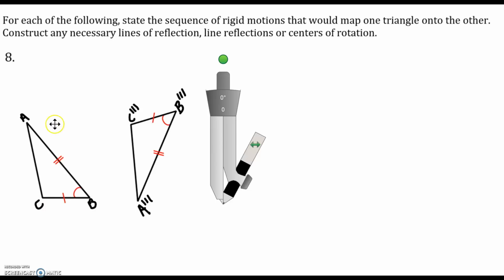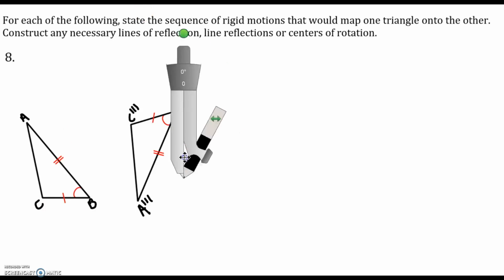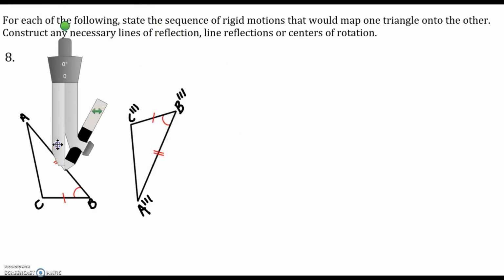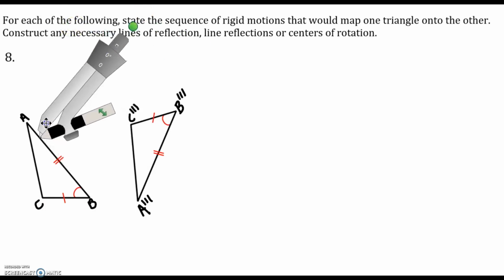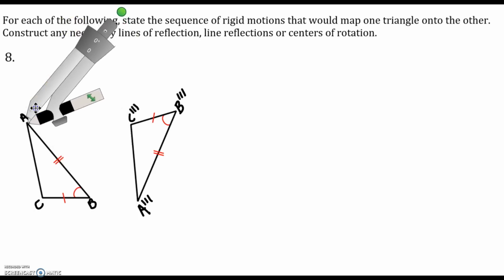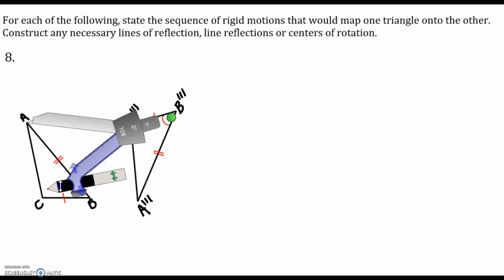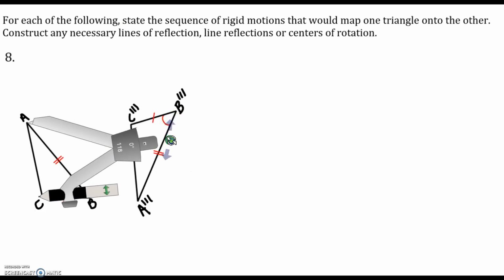So I'm going to start with my ABC, and I'm going to reflect it over, I'll choose AB. It doesn't matter which side, but I like to pick the largest one to reflect over. So that means A and B are going to remain fixed, and I'm going to reflect point C over AB.